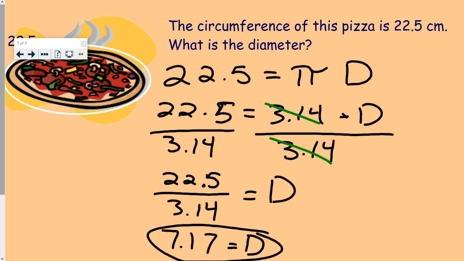What I got was 7.16560500955, etc., but we don't need to get into that. So we can just round that to 7.17. And that's the diameter, but we now know how to find, using the circumference, we can find the diameter as well.